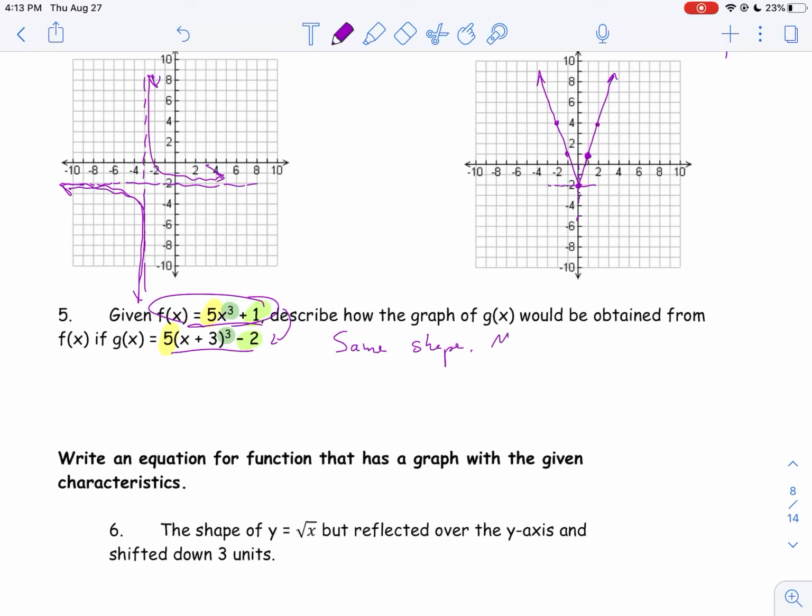So we need to move g of x. So if we have f of x, we need to move with this plus 3. What's that going to do? It's going to move left 3. So we're going to have to move f of x left 3.